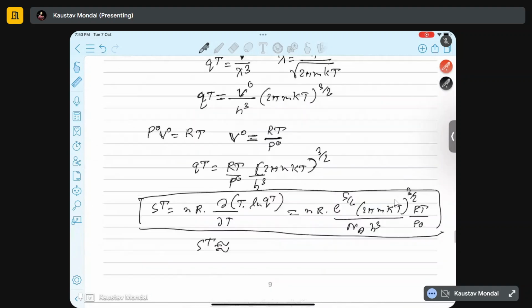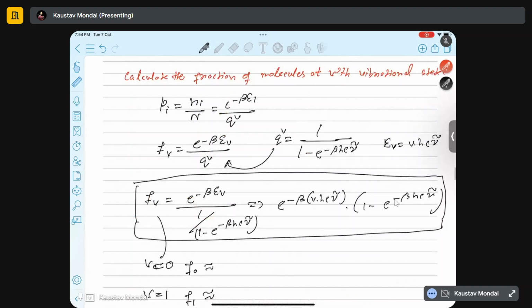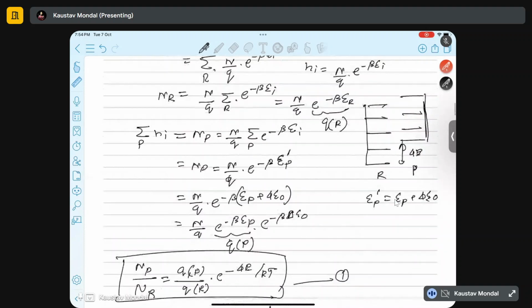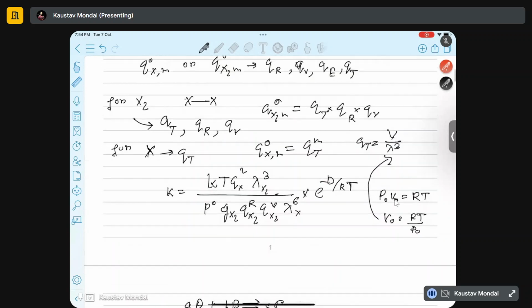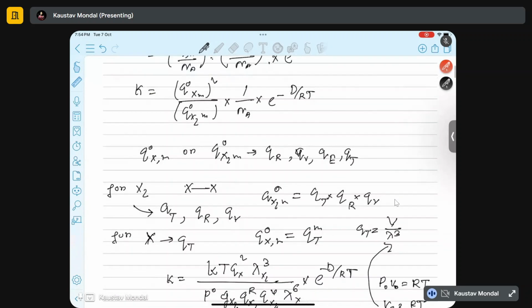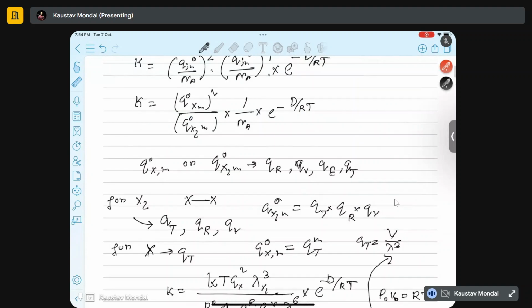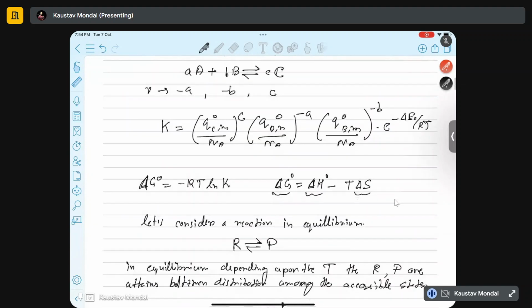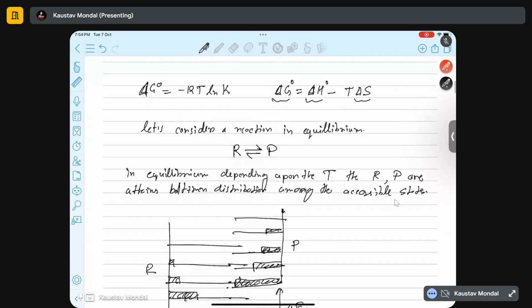So today what we have discussed, we basically started from the change in Gibbs free energy. We know the change in Gibbs free energy basically gives you the equilibrium constant K, but the change in Gibbs free energy also depends upon the change in enthalpy and the entropy change, right?